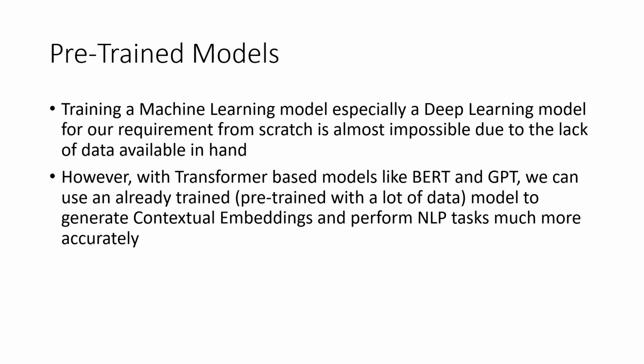So you can just give a huge corpus to train a transformer model, and then you can use this transformer model to do the NLP tasks with the data that you have at a much higher accuracy level. So that is another advantage that we could achieve with the transformer model. That is why BERT and GPT-like models are now very popular and are giving very high performance numbers.